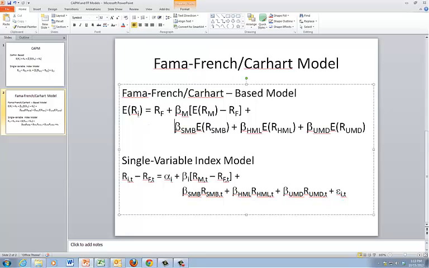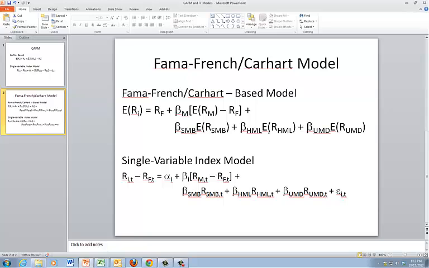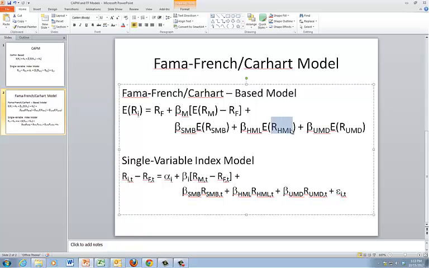Well, the same logic holds for HML and UMD. This HML portfolio results in positive and significant alphas in a CAPM framework. Since this portfolio is resulting in positive and significant abnormal returns according to CAPM, there must be a risk factor driving it.